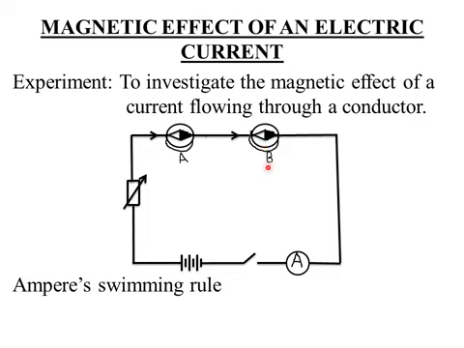Now, he also tried the experiment after reversing the polarities. That is, if we connected the battery in such a way that the positive terminal is on this other side, and the negative terminal on the other side, it means the current will now be flowing in this particular direction.